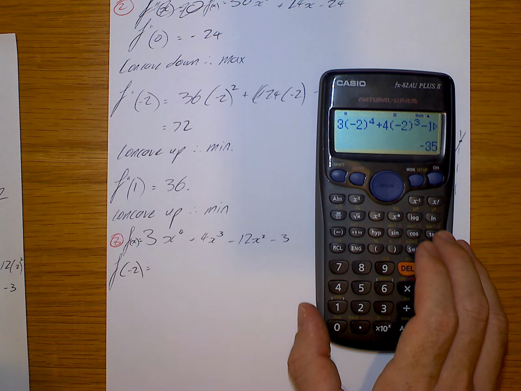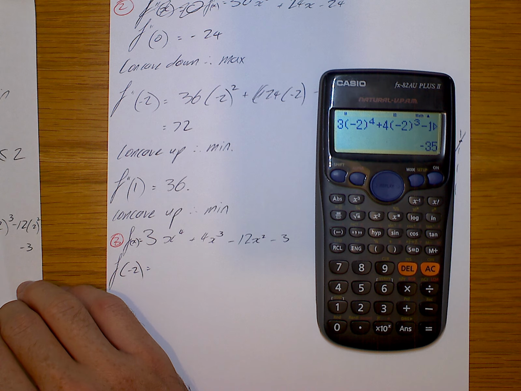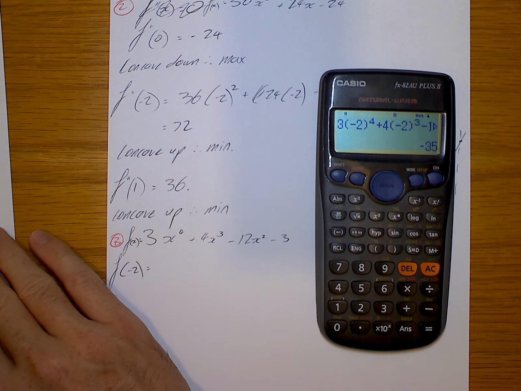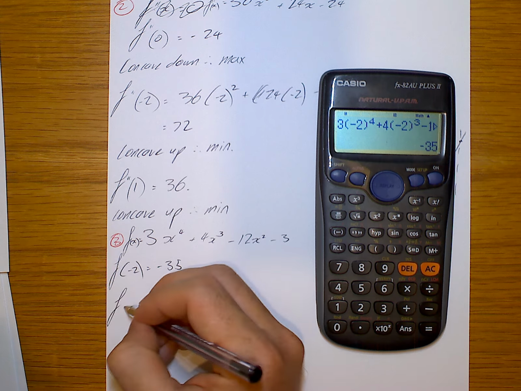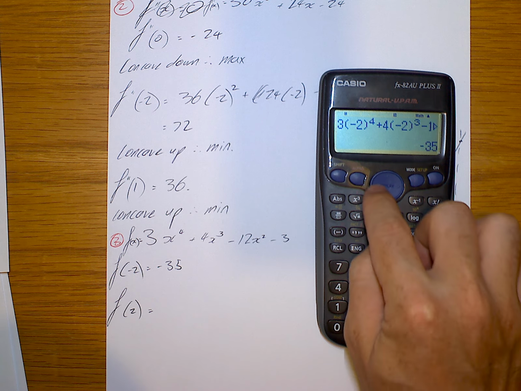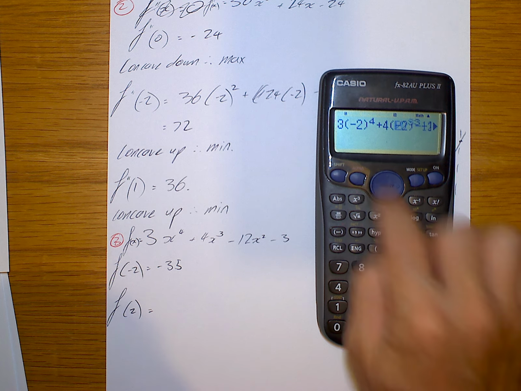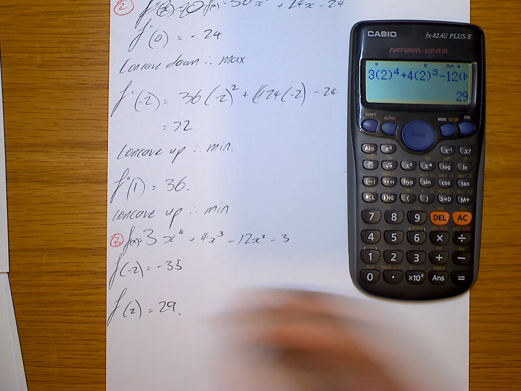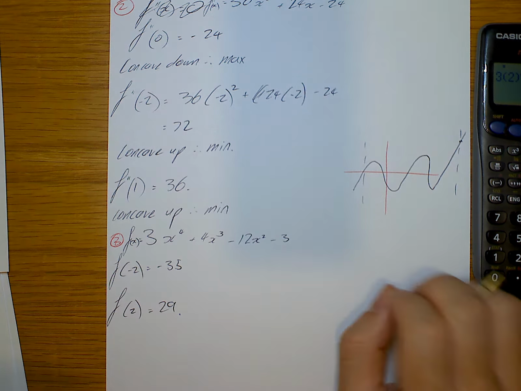Okay, -35. Which we already did. We should do our other one. Maybe 29. Okay. So now we've got some kind of points.